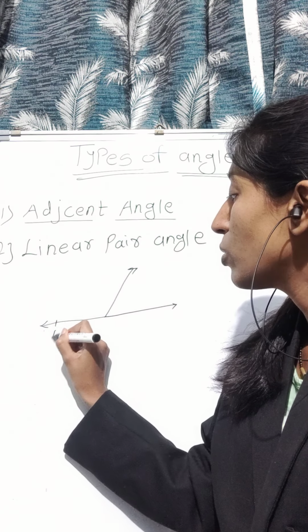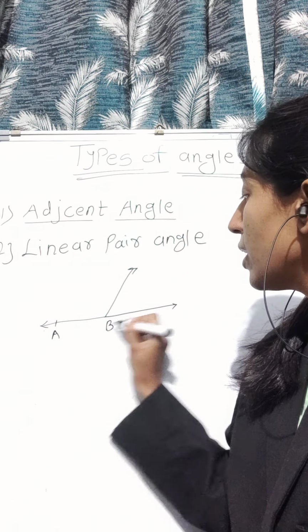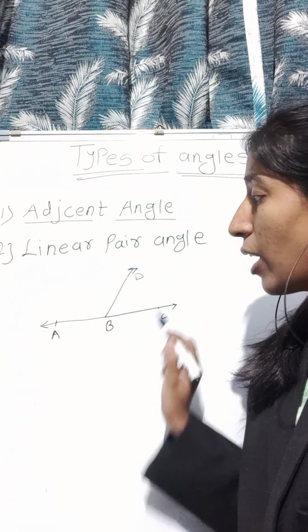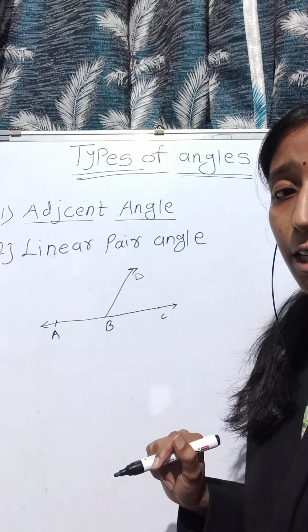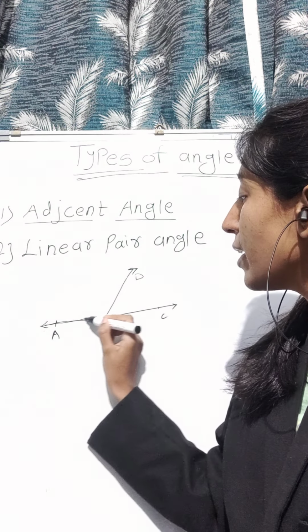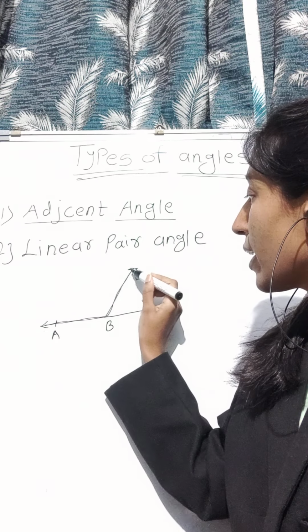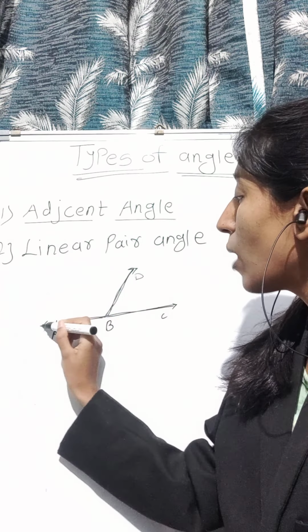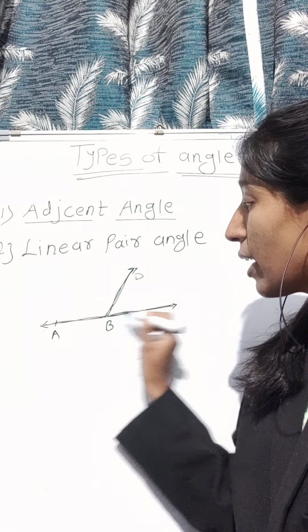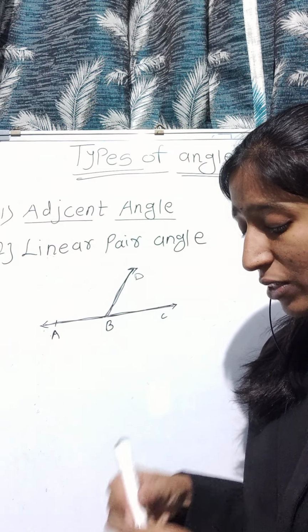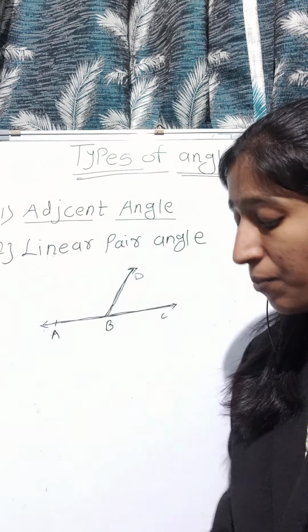Suppose I have this A, B, C and D. How can I say these are linear pair angles? Here the first angle is ABD and the second one is DBC. Here two arms of the angles are forming a straight line, AB and BC. These are the two rays which are forming a straight line.